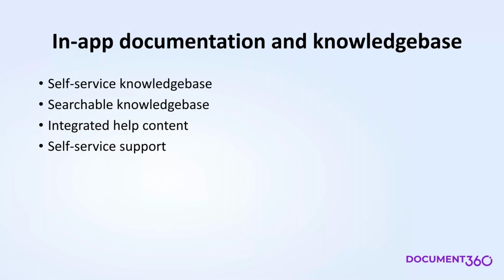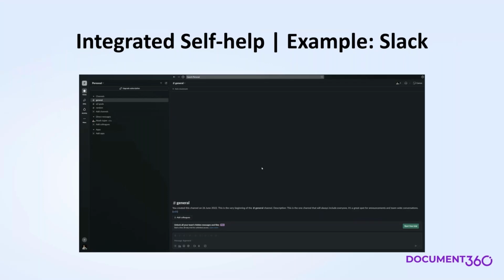Now, here is an example of integrated self-help from Slack. We earlier saw a short product tour that it provides when you log in for the first time, and that ended with a last option showing that if the user wants to know more about the product, they can look into help.